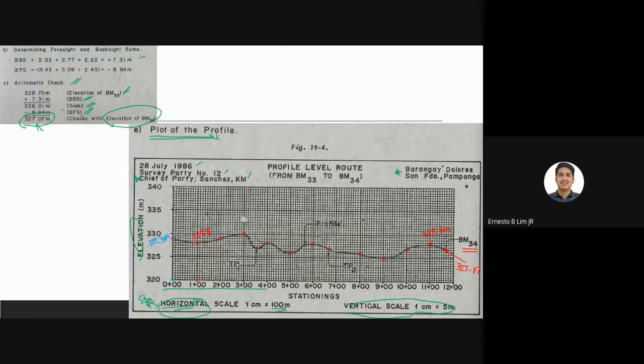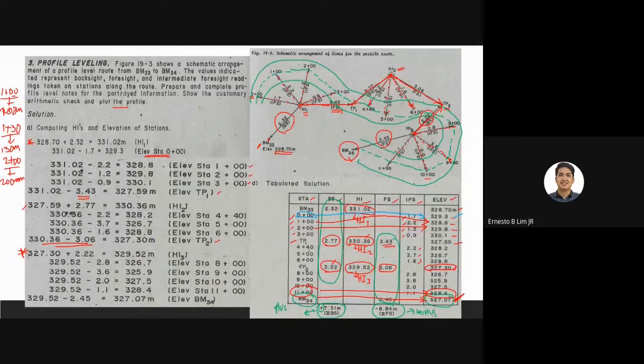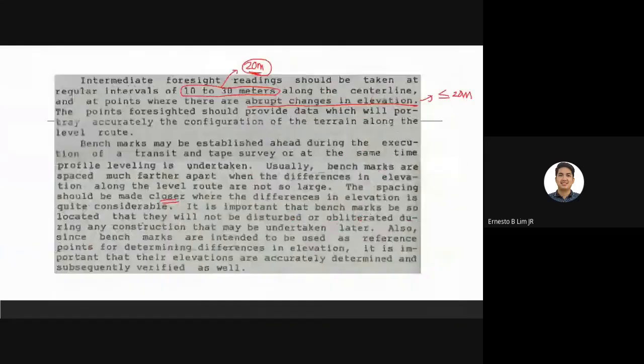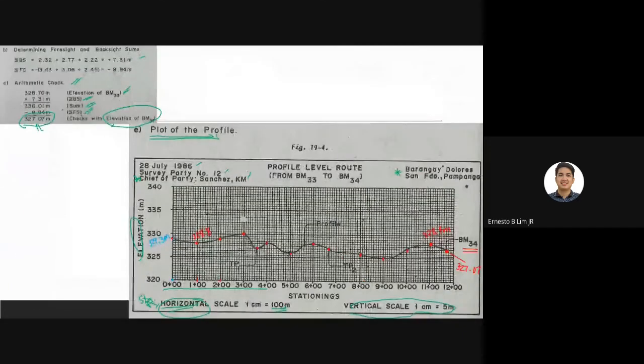If you want to include the TP, you may also include this one. For our example, the TP here is included in your route, the same with TP2.